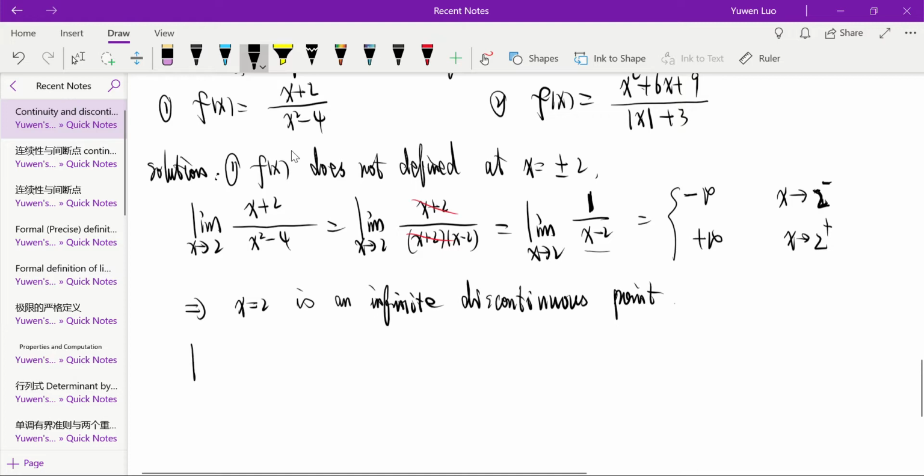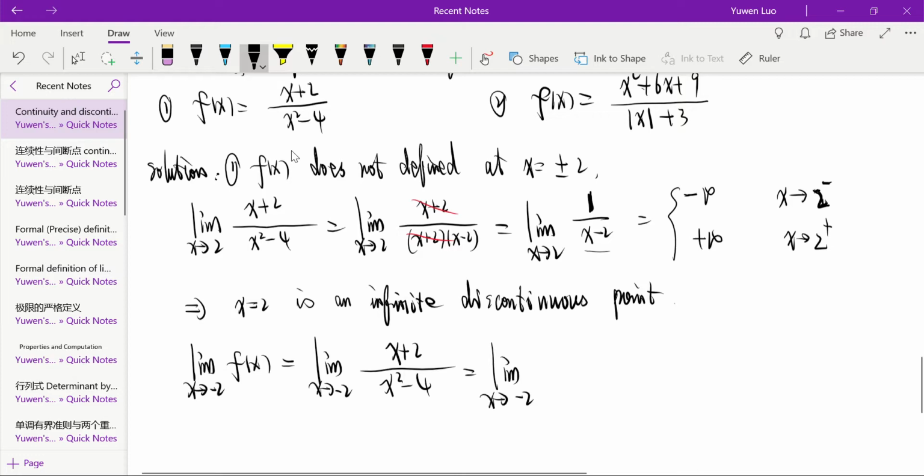When x approaches negative 2, the limit of (x plus 2) over (x squared minus 4) as x tends to negative 2 is 1 over (x minus 2), that is negative 1/4.